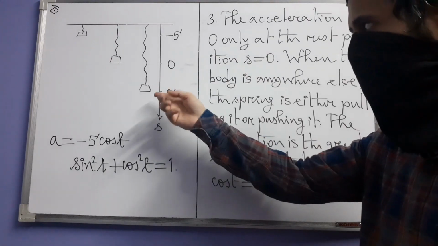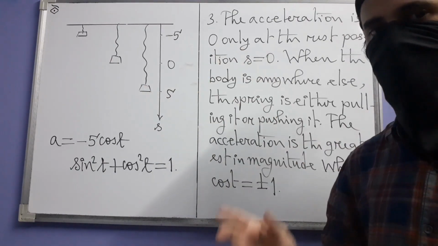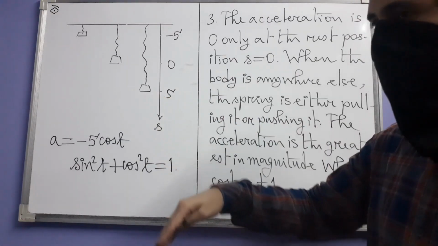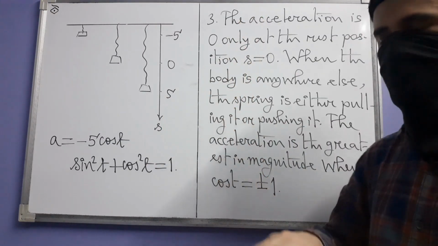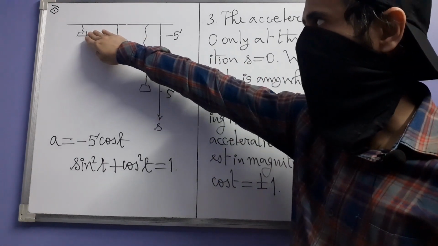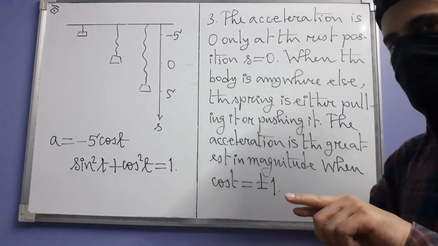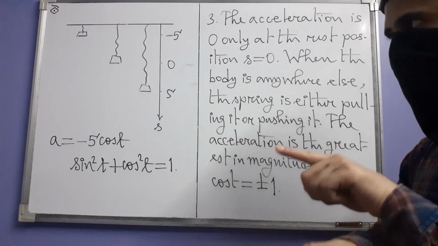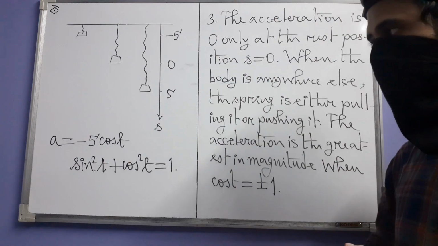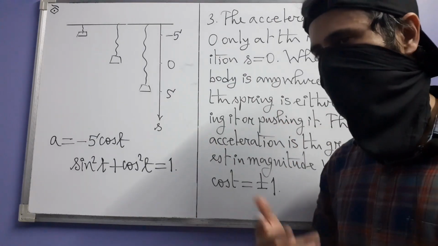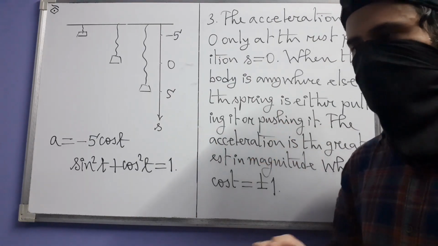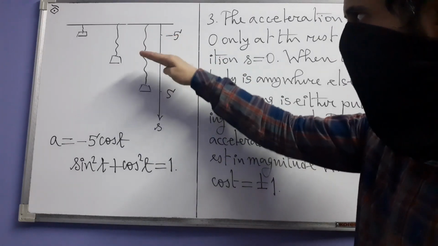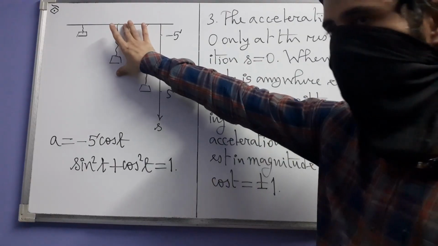So that work is stored in the system in the form of potential energy at first, and then when you release it, it gets turned into kinetic energy. Then when it again comes to rest here momentarily, that kinetic energy gets turned into potential energy, then back to kinetic energy. So this transition keeps on happening, but at the same time, due to air friction and many other things, energy is gradually lost from the system, and that is why the amplitude decreases and the body eventually comes to rest.